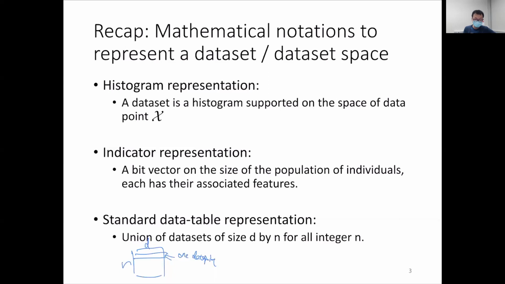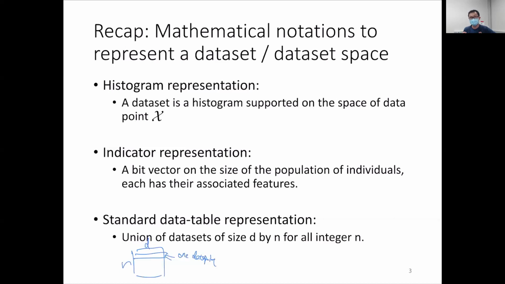But in differential privacy, often we want to cover the space of all possible data sets with an unspecified data size, because the data size is also private information. We want to make sure that as we add or remove individual data points, n actually changes from either n to n-1 or n+1.